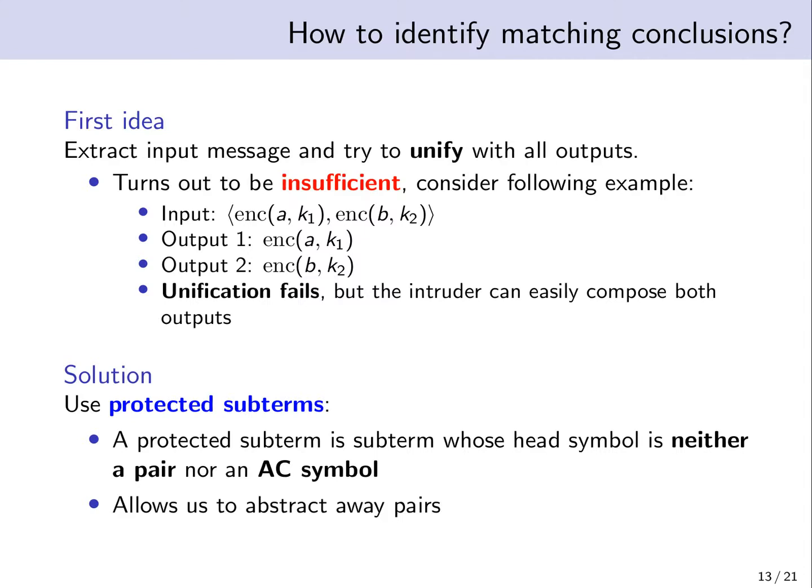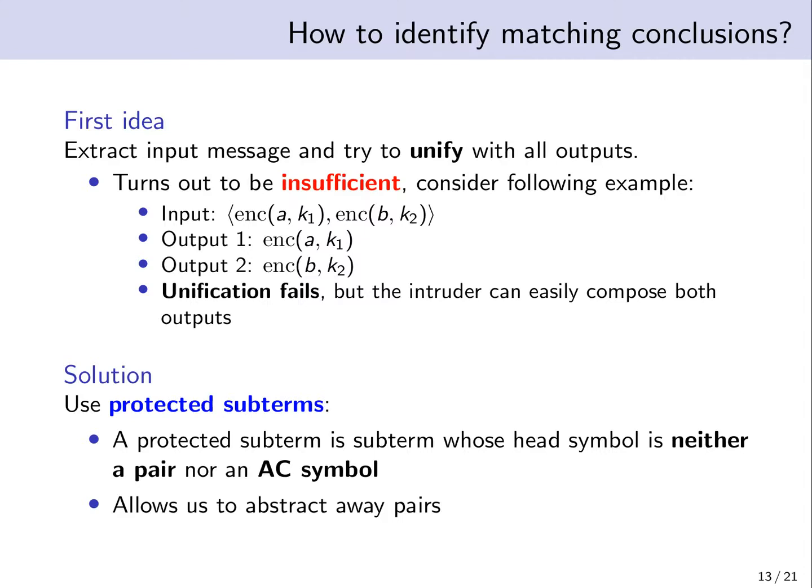So here we need to do something. And our solution was to concentrate our unifications on what we call protected subterms. The idea is that a protected subterm is a subterm whose top symbol is not a pair or an AC symbol. So morally, it's an encryption, a signature, some kind of cryptographic object that the intruder cannot manipulate.